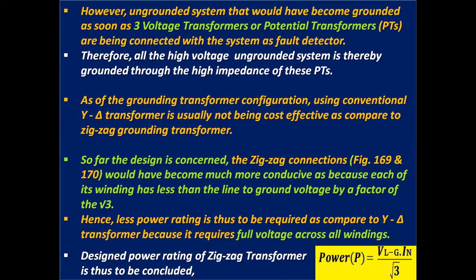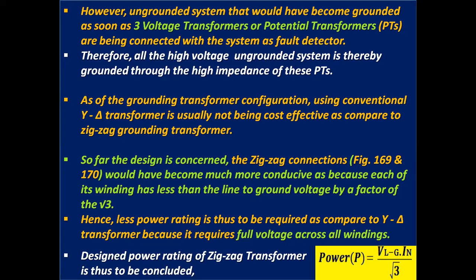Therefore, all the high voltage ungrounded systems are thereby grounded through the high impedance of these PTs. As for the grounding transformer configuration, using a conventional star delta transformer is usually not cost effective as compared to the zigzag connecting transformer.